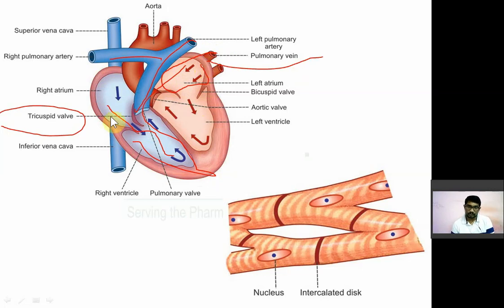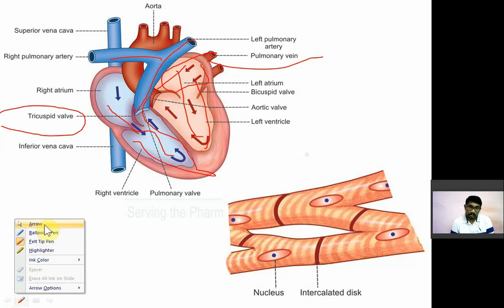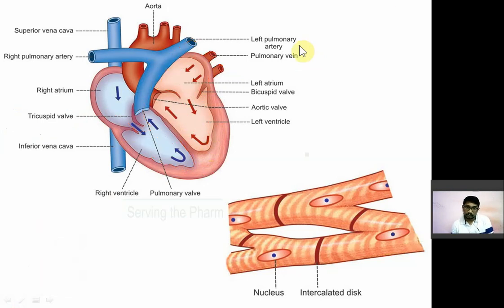Now from the left atrium blood travels to the left ventricle. To prevent the backflow of blood from the left ventricle to the left auricle, there is another valve, or gate, known as the bicuspid valve. So remember, purified blood from the lungs is drained into the left atrium by pulmonary veins.